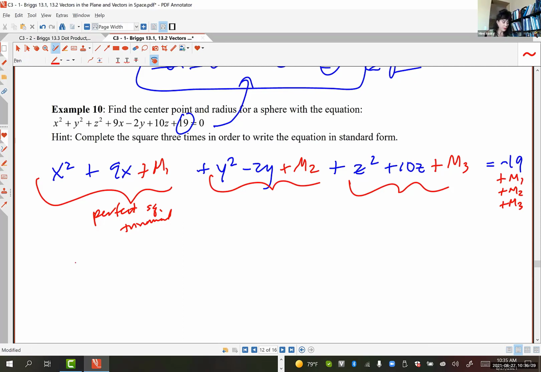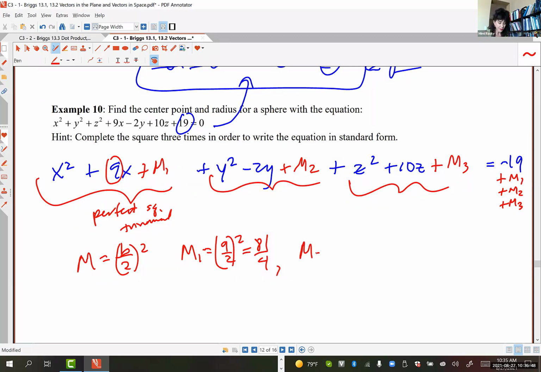Well, if you remember from your complete the square days, it's always going to be the middle coefficient, b, divided by 2, the quantity squared. So for us, M1 is going to be 9 over 2 squared, the middle coefficient over 2 squared, which is 81/4. I know, not pretty. M2 is going to be -2 over 2 squared, but that's just -1 squared, which is 1.